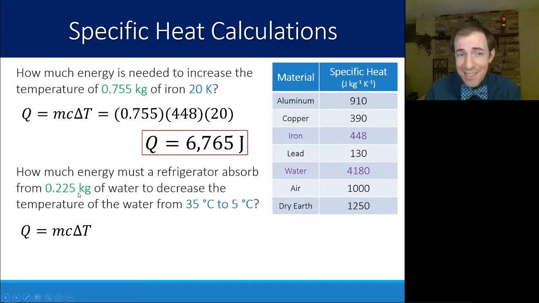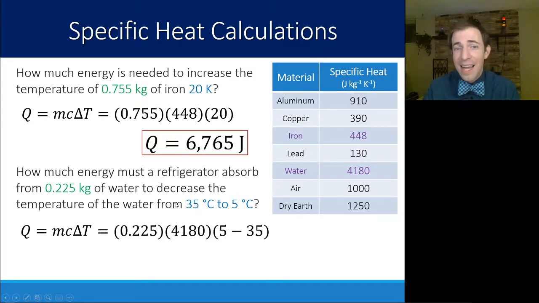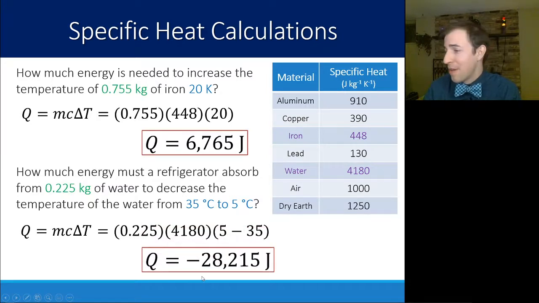We know the mass, and we can find this change in temperature. In this case, the temperature goes from 35 to 5, so the change in temperature is actually a negative 30. And because of that, one way that we can define this is by a negative amount of energy, because that energy is being lost by the water.